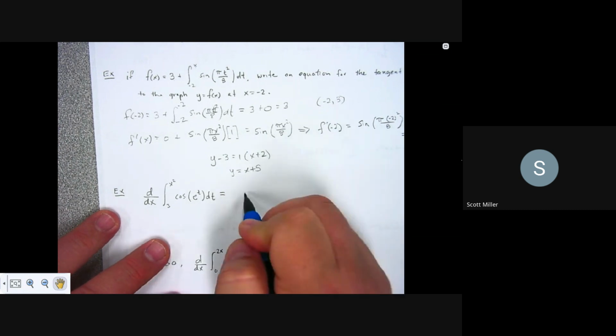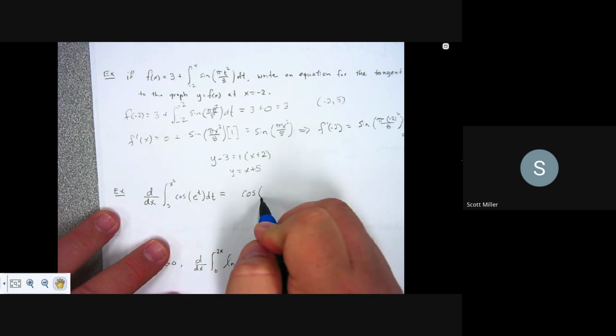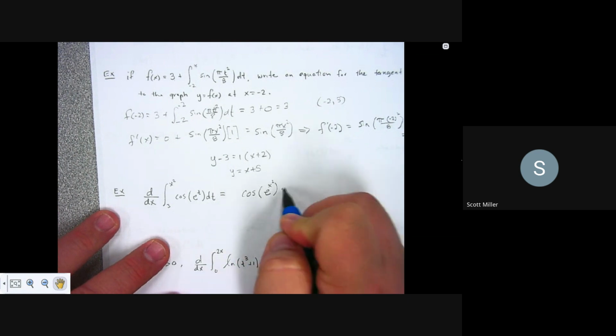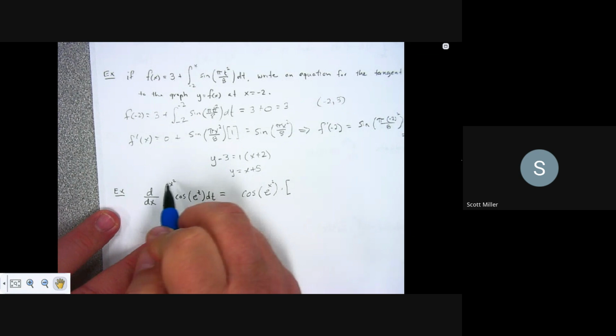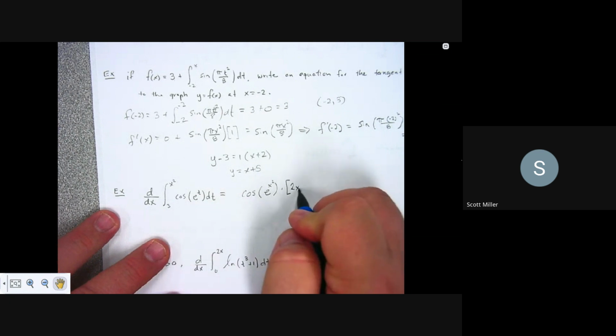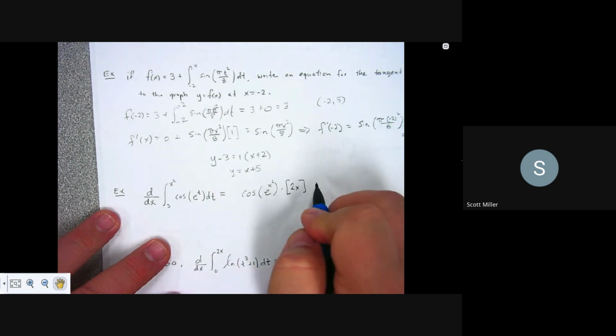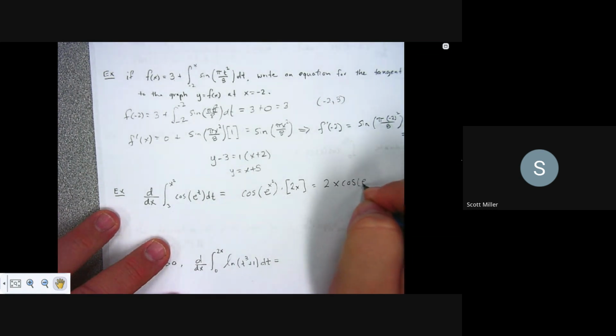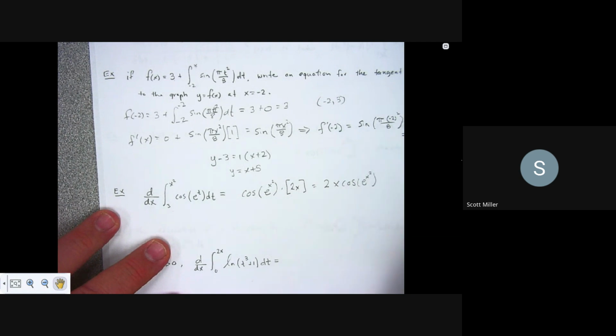So this is going to be the cosine of e to the x squared. But I have to multiply by the derivative of the thing I plugged in. The derivative of x squared is 2x. And so this becomes our derivative: 2 times x times the cosine of e to the x squared. And that's our derivative.